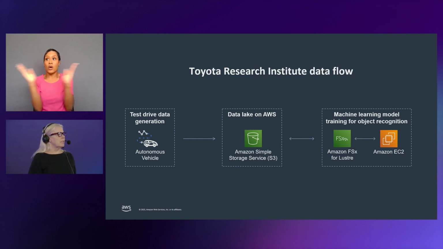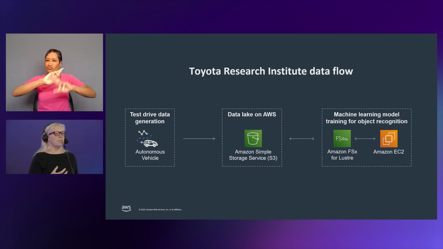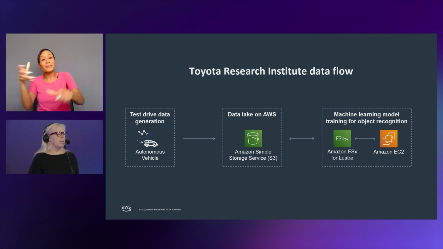The data collected is loaded from on-premises into their S3 data lake, and the S3 data lake is then their data of record. So when a data scientist creates a project to train a new model or to retrain an existing model, the training data is automatically made available from S3 via FSx for Lustre and connected to a powerful GPU compute cluster for the training phase.